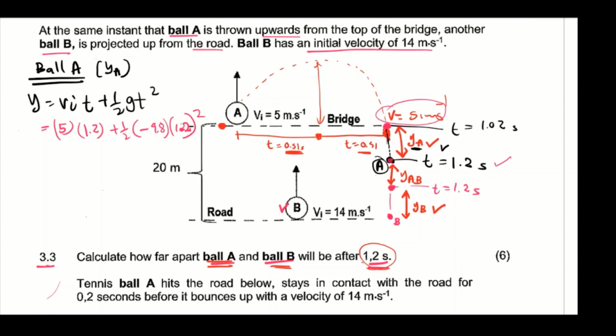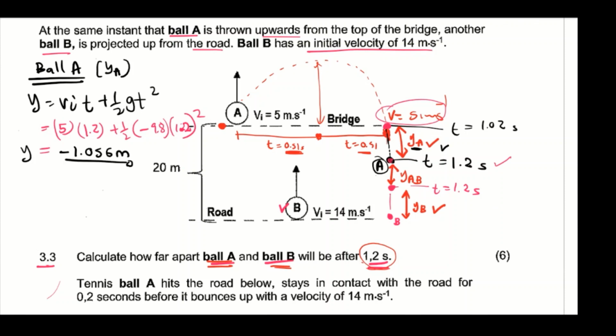squared. And the y that you're going to get if you punch your calculator is going to be minus 1.056 meters.